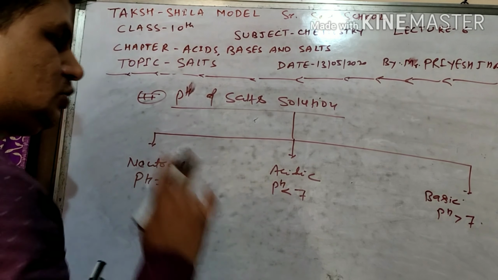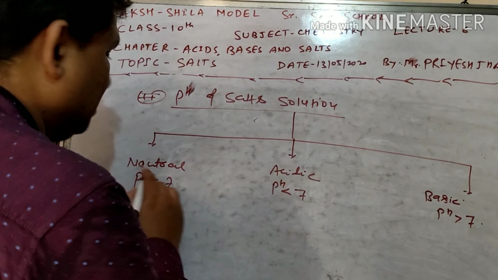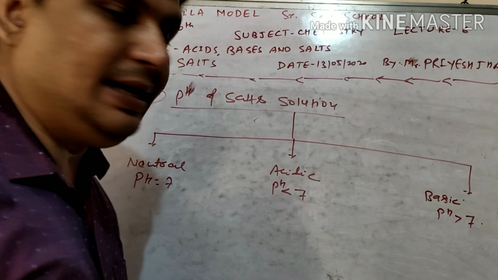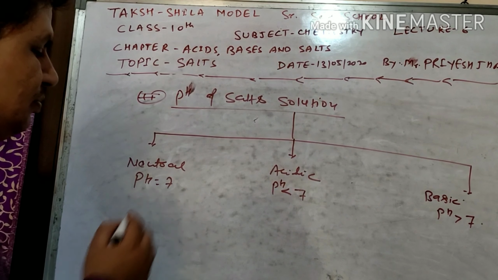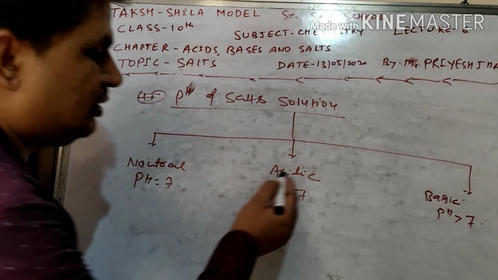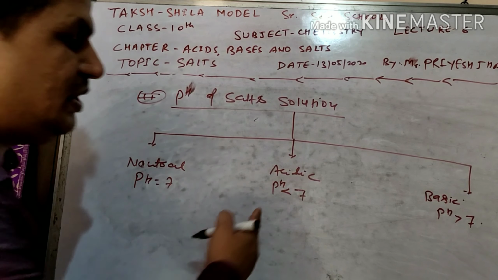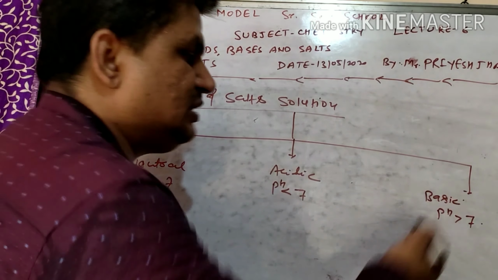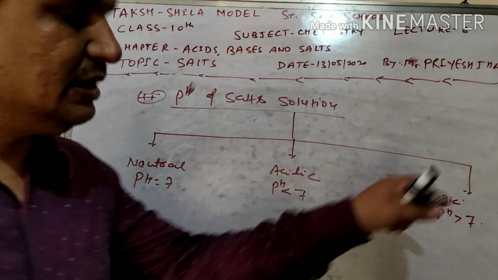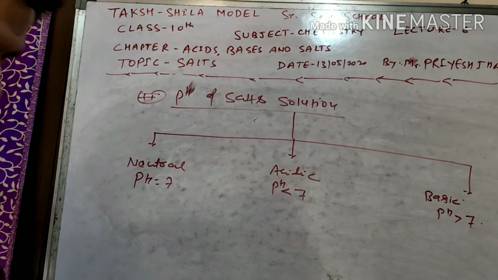So salts को जनरली हम कितने कैटेगरी में डिवाइड करते हैं? 3. न्यूट्रल, एसिडिक एंड बेसिक. न्यूट्रल हैविंग pH इक्वल टू 7, एसिडिक हैविंग pH लेस देन 7, एंड बेसिक हैविंग pH greater than 7.